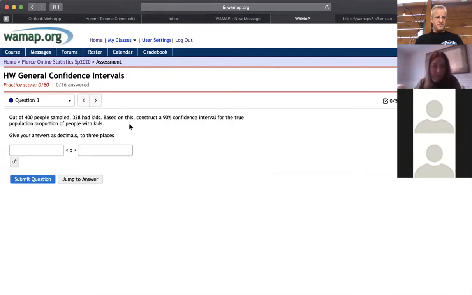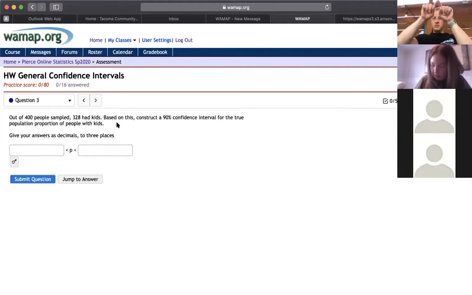Here goes my dog. Okay, so if I go to this problem, for example, here on question 3, out of 400 people sampled, 328 had kids. Based on this, we want to construct a 90% confidence interval for the true proportion of people with kids. So on our chart, the first question asks, what is the population parameter that we're measuring?